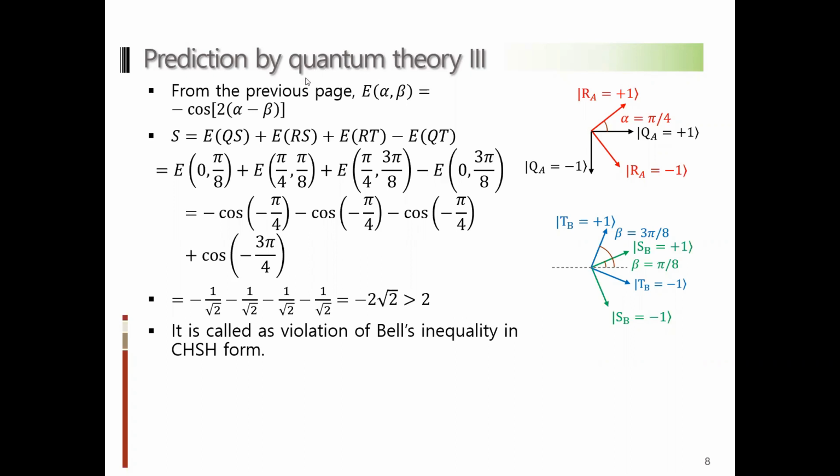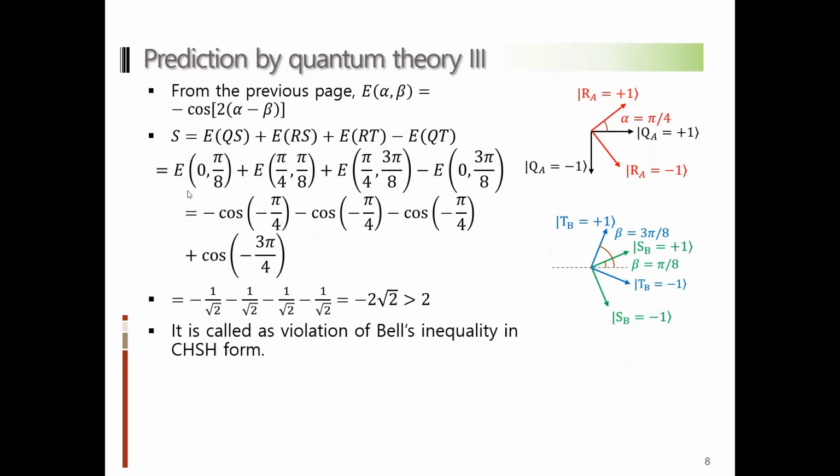For the hidden variable theory, what we actually calculated was the S value, which was defined in this fashion. So what I just obtained here corresponds to only one of these cases, but it was general enough that by replacing alpha and beta with the corresponding angles, I can immediately obtain each of the expectation values.